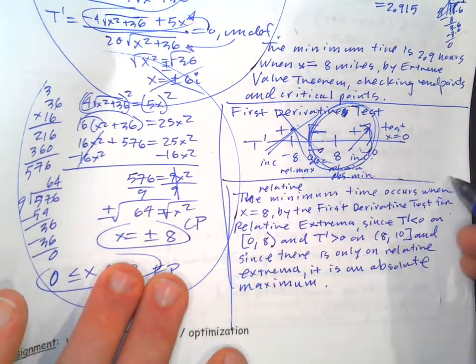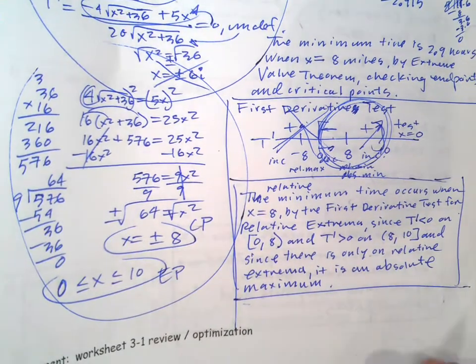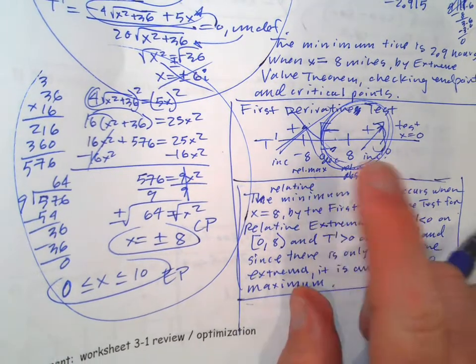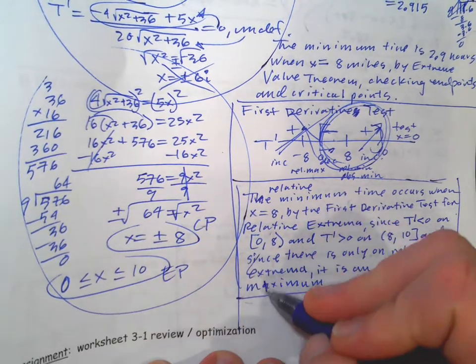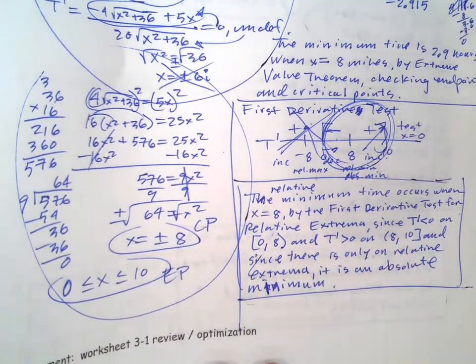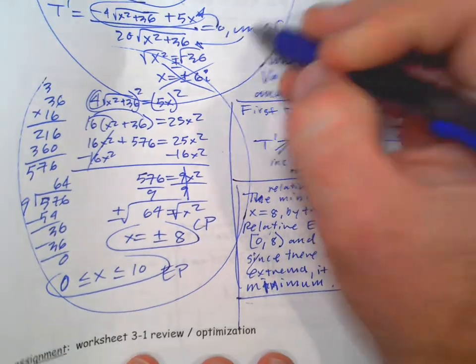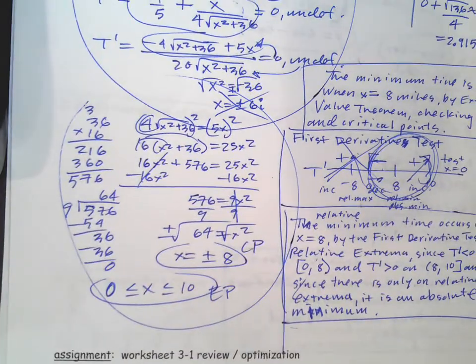We had two to start with, but we were able to narrow it down to one. If you have more than one, you're stuck. You can't even do it. And in this case, you have to justify the relative min first, and then try and explain why it has to be an absolute.